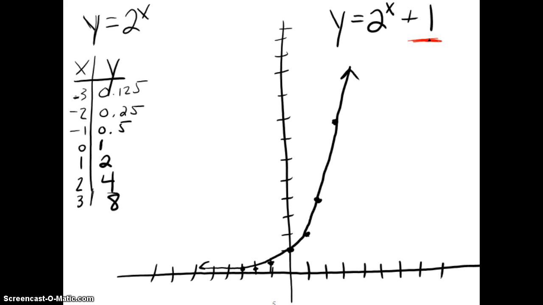So I do 2 to the x. Same exact graph, but now I want to graph it up 1. So I graph all my points that I had so far anchored, and I'm going to pull them up. So this comes up 1. This one comes up 1. This is going to come up 1.